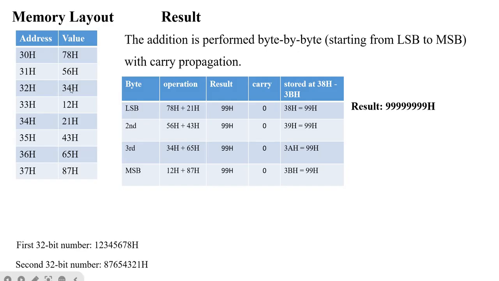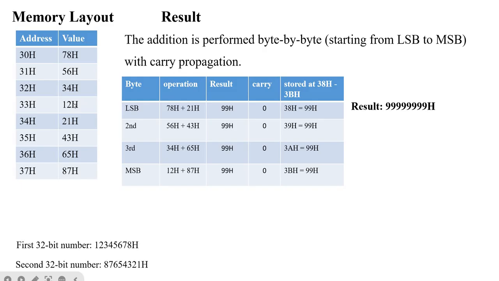Then comes the next byte. The next byte of the first 32-bit number is 34, and of the second number is 65. When you add these two, you get again 99 with no carry generated, and the result is stored in the next memory location, that is 3AH. So 99 is stored at 3AH.